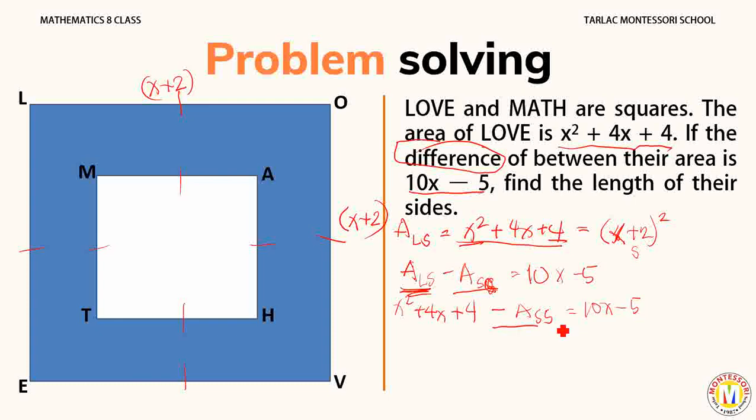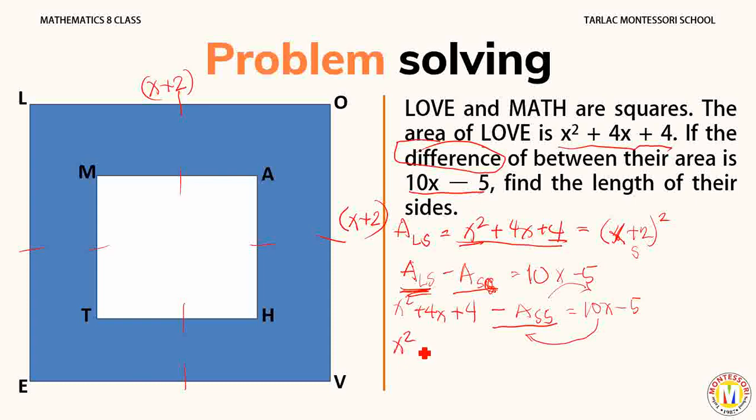Now, we are going to find the area of the smaller square. Just like when we solve for a missing variable, we need to transpose the area of the smaller square to the other side, and isolate 10x minus 5 to the left-hand side to arrive at the answer.